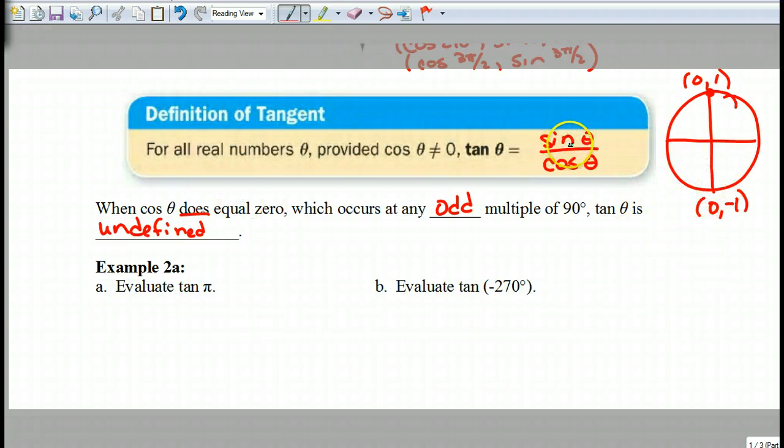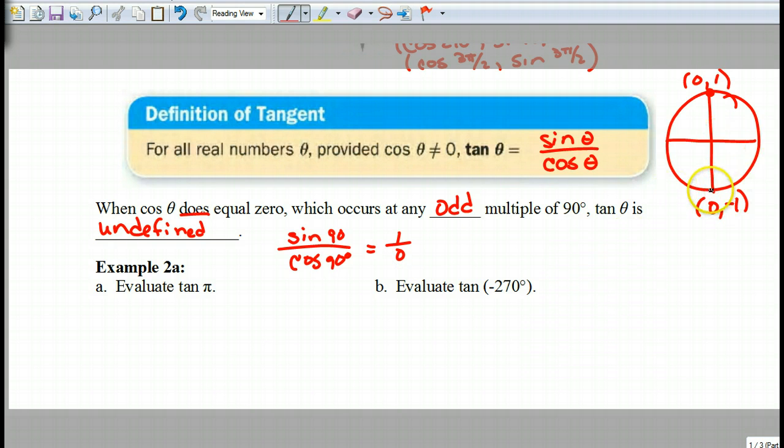So if you think about tangent theta, that is the same thing as saying sine 90 degrees in this case over cosine 90 degrees. Well, the sine is 1, but the cosine is 0. 1 divided by 0. You can't divide by 0, so it's undefined.